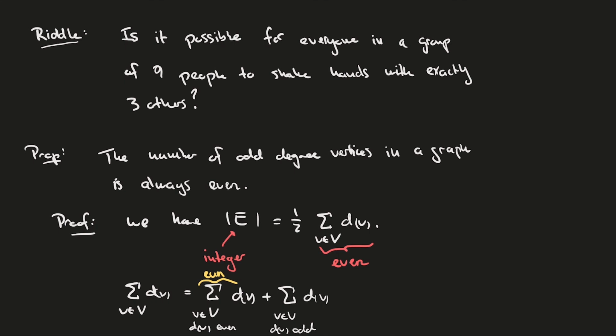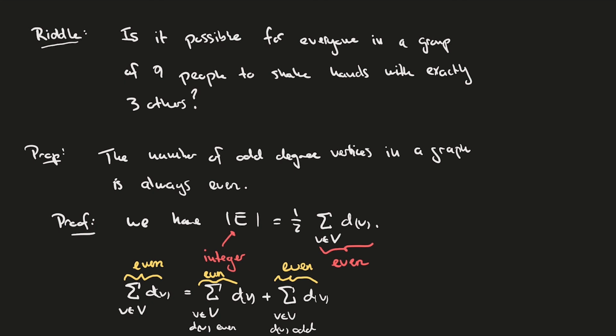From the above equation, we know that the total sum also has to be even, which now implies that the sum over all the odd degrees also needs to be even. Otherwise, summing an even number and an odd number would give an odd number, and we need the total sum to be an even number.